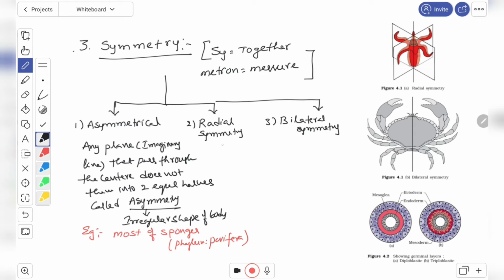Then the second one, radial symmetry, means any plane. Plane means imaginary line.